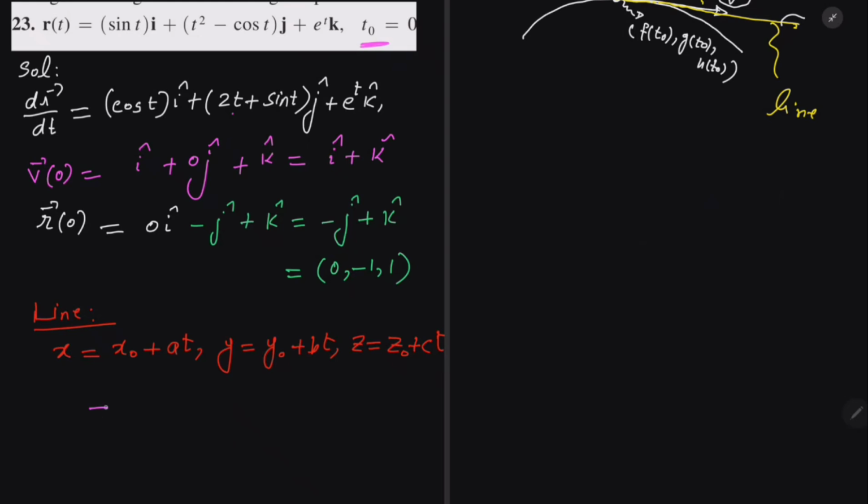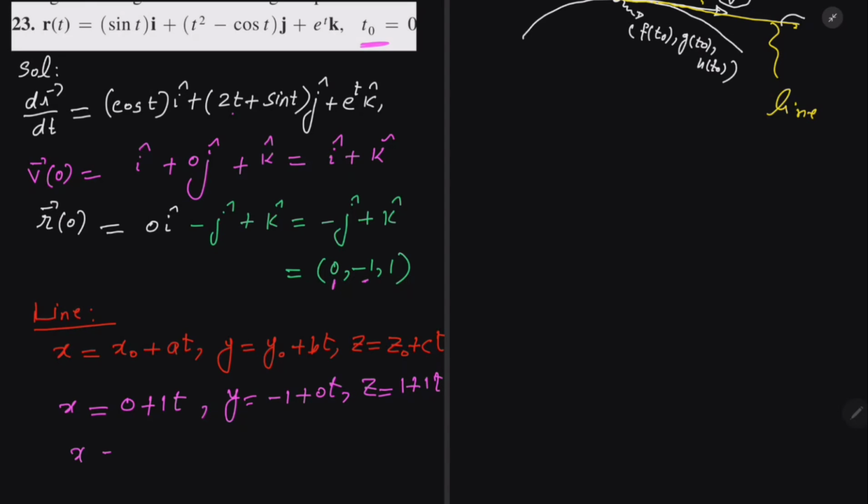So x naught is 0, plus a, which is 1, so 1t. Then y naught is -1, plus b, which is 0t. Then z equals z naught, which is 1, plus ct, and c is 1, so 1t.